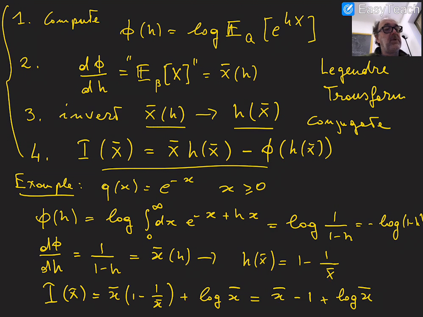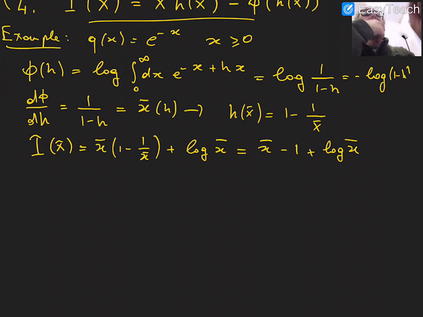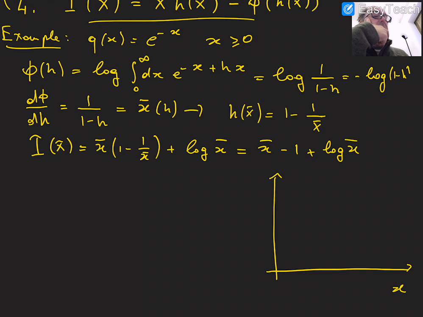Okay, so let's see how this function behaves. If I compute this function I of x bar as a function of x bar, then first of all you find that when x bar is equal to 1, I is equal to 0.